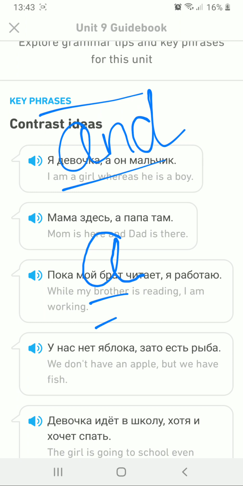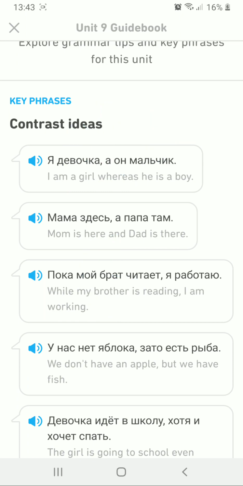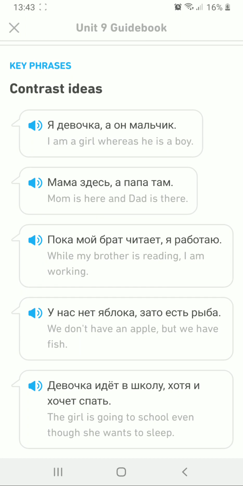So I want this and that, you know. So this is a conjunction. And here we're using it to show contrast. So as you can see, the title of this unit is contrast ideas.